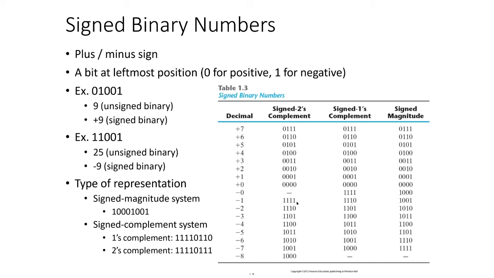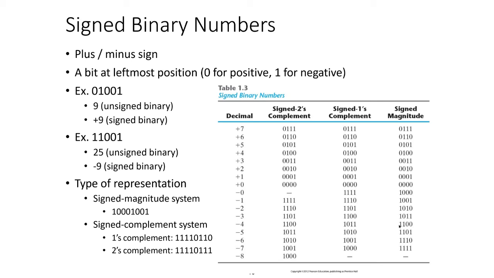What you'll notice that's consistent with all of these is that the leftmost bit is a 1 for all of them. But when you go over to here, the 1's and 2's complement differ only by adding a 1 to this, or subtracting a 1 to come over to the 1's complement.